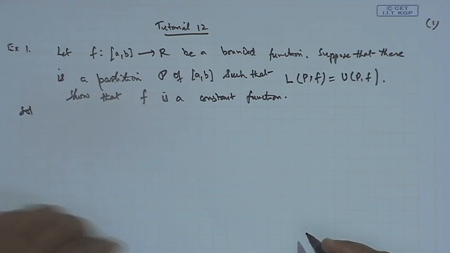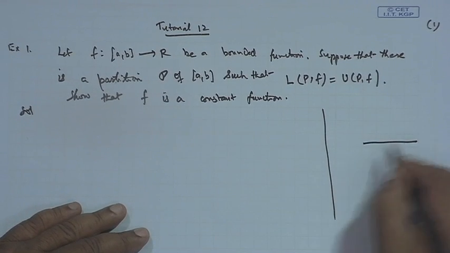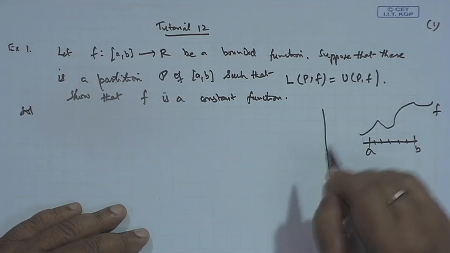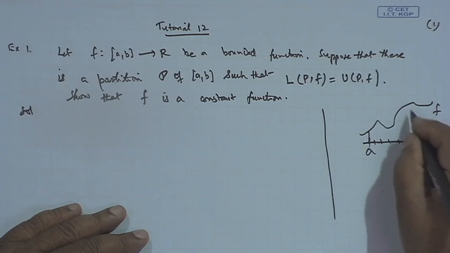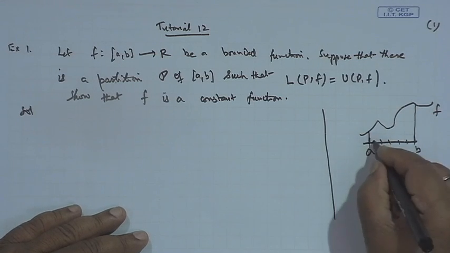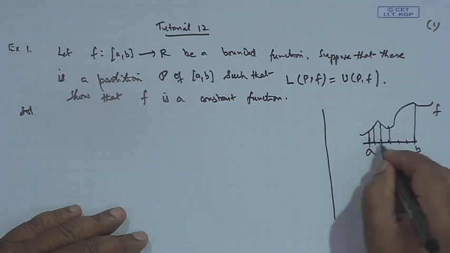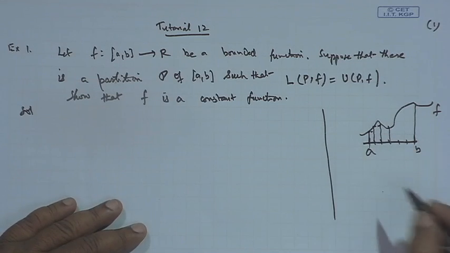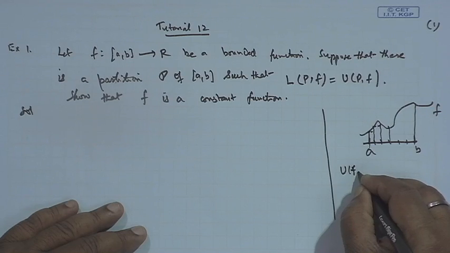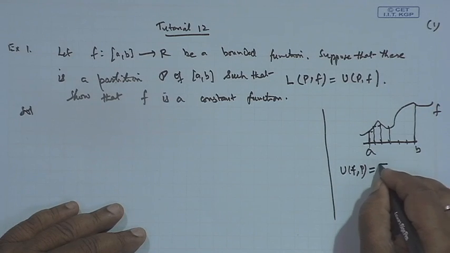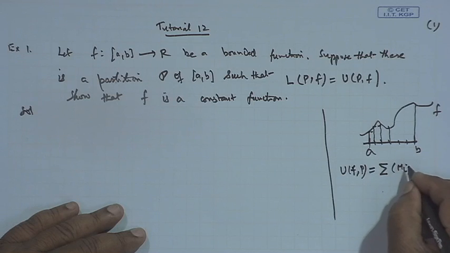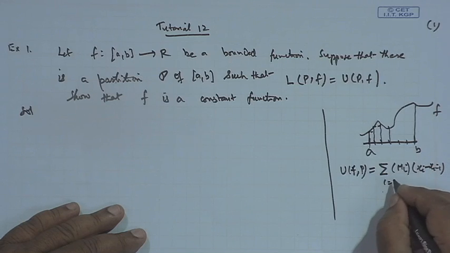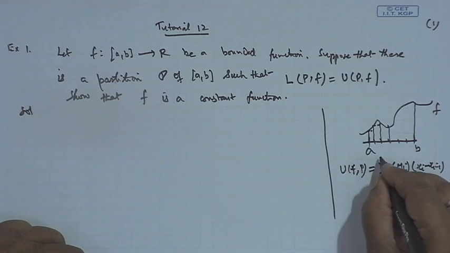So, what is the upper sum and lower sum? When you partition the interval [a, b] into sub intervals, and f is the function defined over this interval, then we get the sub intervals where the lower and upper values are, say, small m_i and capital M_i. Then the upper sum of the function f over the partition P is the summation of M_i into |x_i minus x_{i-1}|, with i from 1 to n.